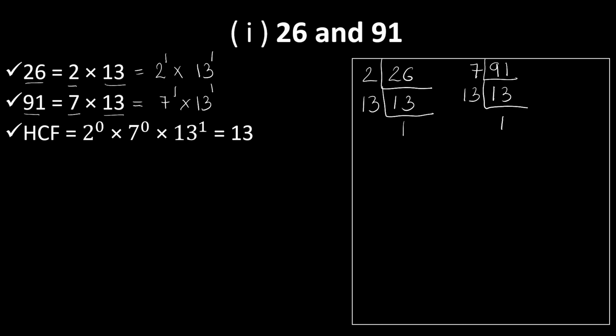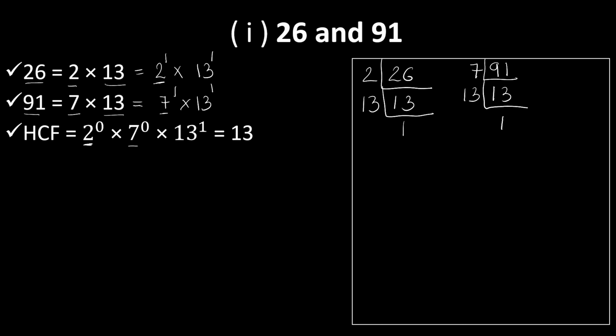Observe, for prime factor 2, in 26 we have 2 raised to 1. But in 91 we don't have that. So we will write 2 raised to 0 because 0 is the least exponent possible. Similarly, 7 appears in 91 as a prime factor, whereas in 26 we don't have 7 as a prime factor. Therefore, we will write 7 raised to 0 here.